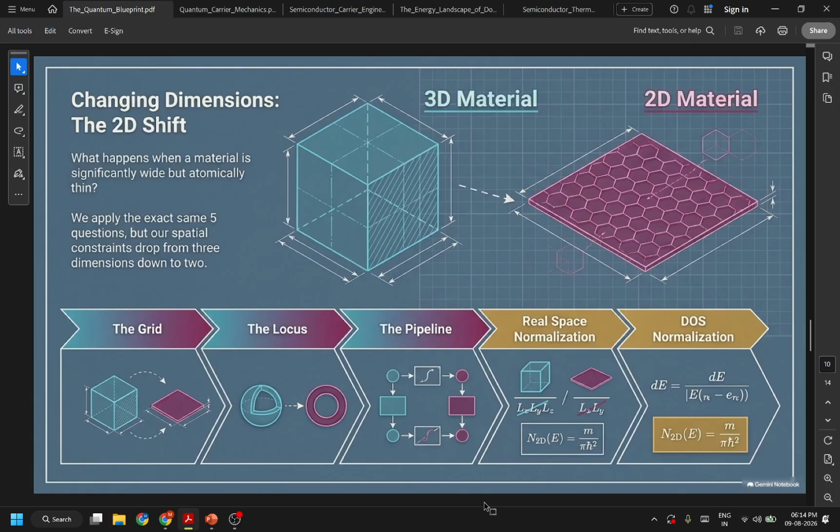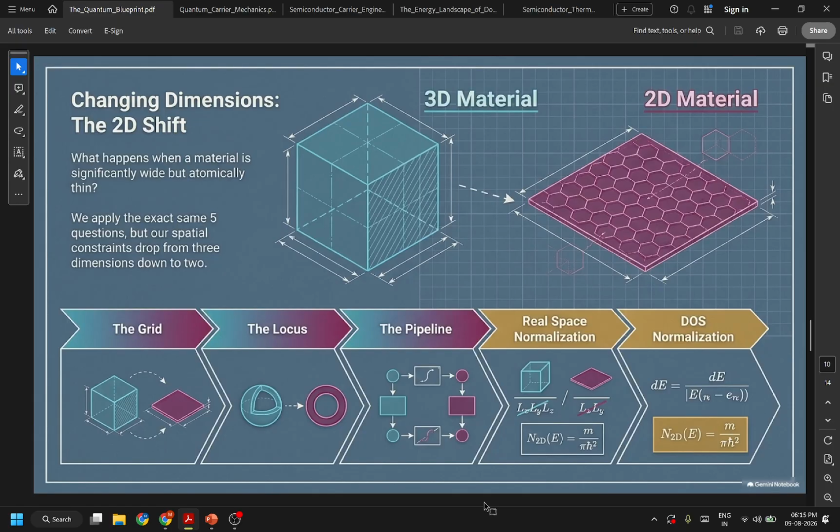Right now we studied 3D, three dimensions. If we change the dimensions to 2D, what is a 2D material? A 2D material is when a material is significantly wide but atomically thin.